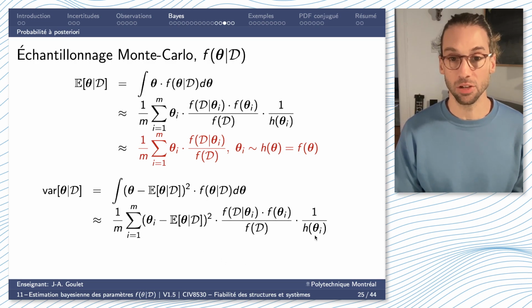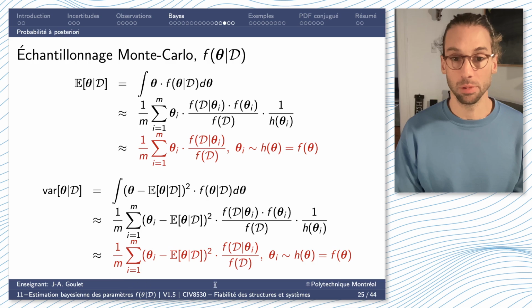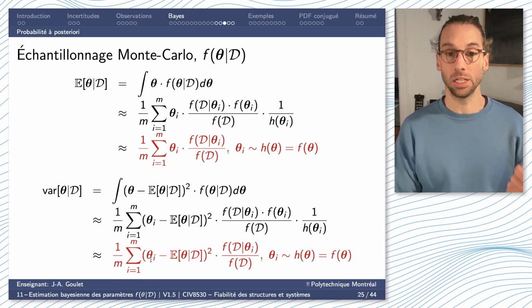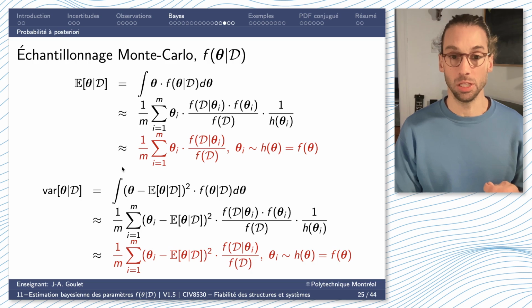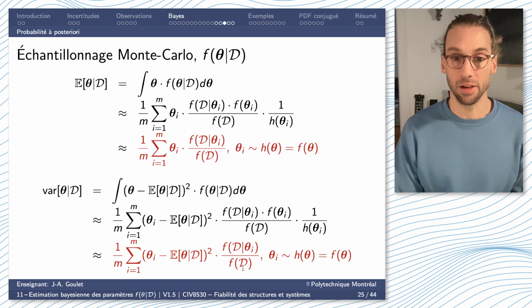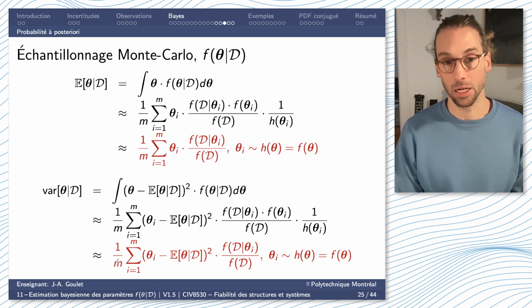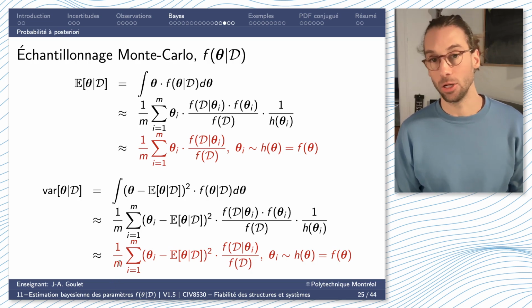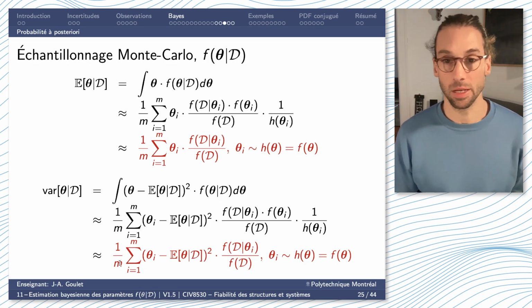Again, if h of theta is my prior, it simplifies to this: each sample theta i minus the expected value computed here, squared, times f of d given theta divided by my normalization constant. This is if I take my samples theta i in my prior. If we want to be exact here, given that the expected value was computed using the same samples, m should be m minus 1. For practical purposes, it's not going to make a big difference because the number of samples we take here is very large.